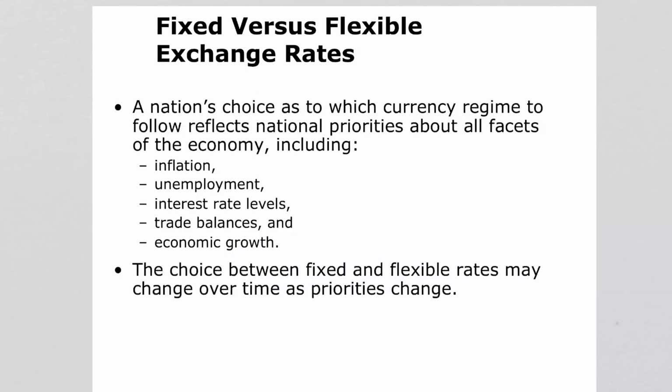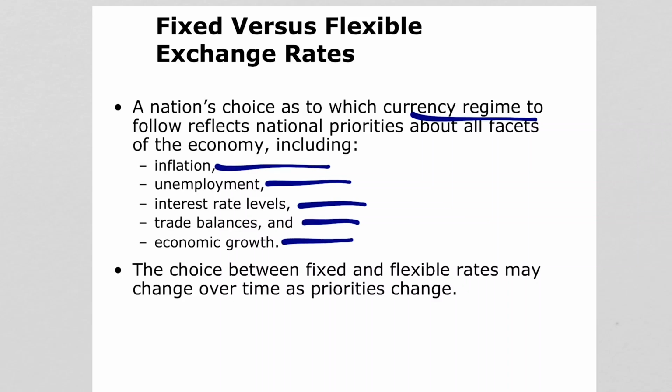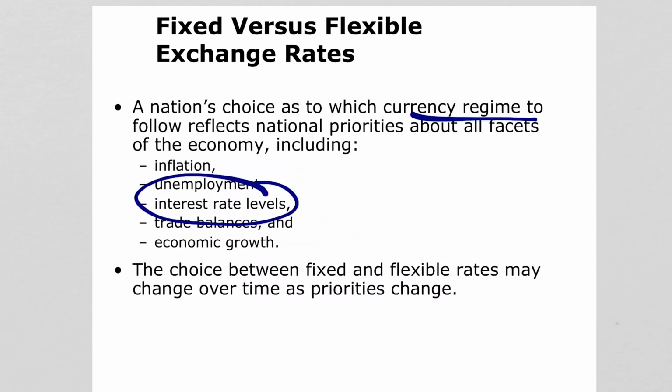So we see many different countries have many different choices of exchange rates. Why do they have all these differences in choice? The answer is that the choice of having one exchange rate regime versus another depends on these different characteristics of your country. If interest rate levels are more important to you, you may want to choose a floating exchange rate for reasons that we'll see.